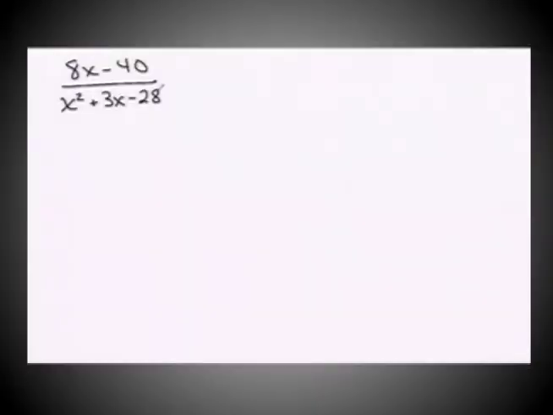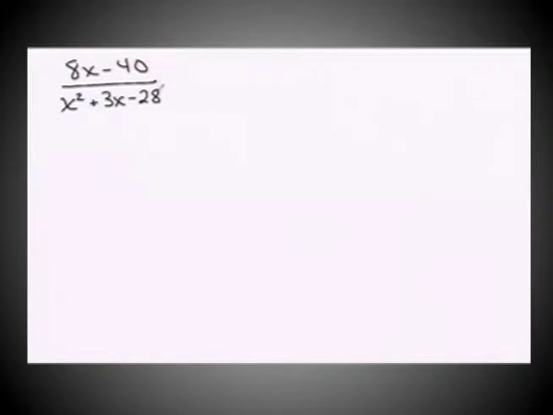All right, so as stated a moment ago, we want to figure out what values we can't plug in for x, because if we plug in a value that makes the denominator equal to 0, then we will cause this expression to be undefined.